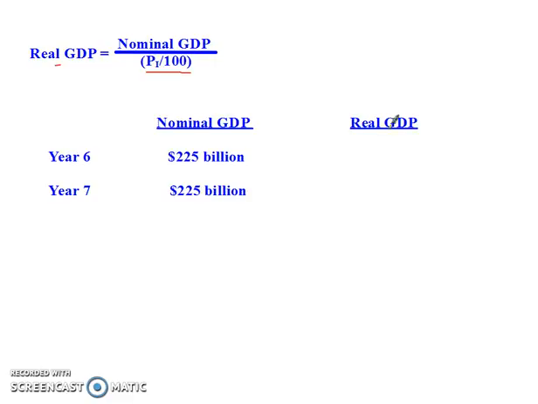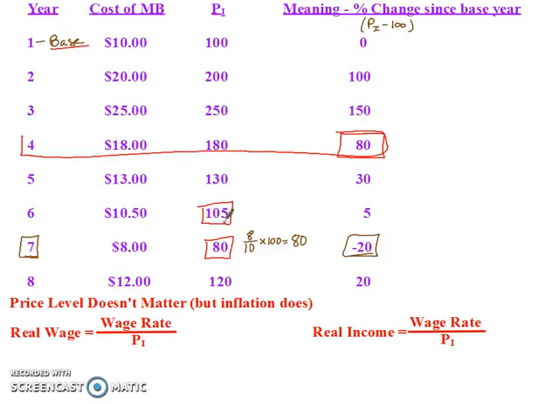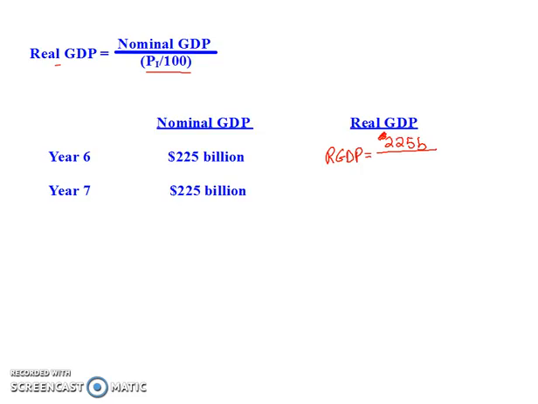To calculate the real gross domestic product in year 6, the real GDP is equal to the nominal GDP, which we're pretending was calculated to be $225 billion worth of goods and services, divided by the price index, which in year 6 we said was 105. So the price index was 105 divided by 100.